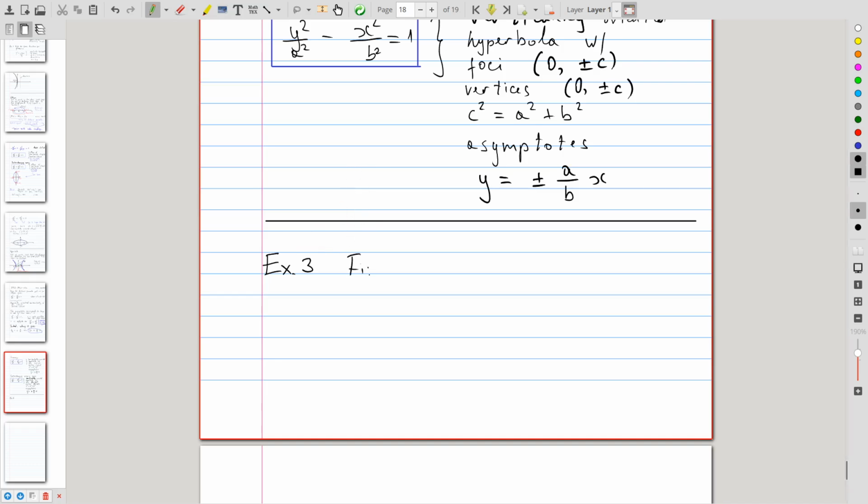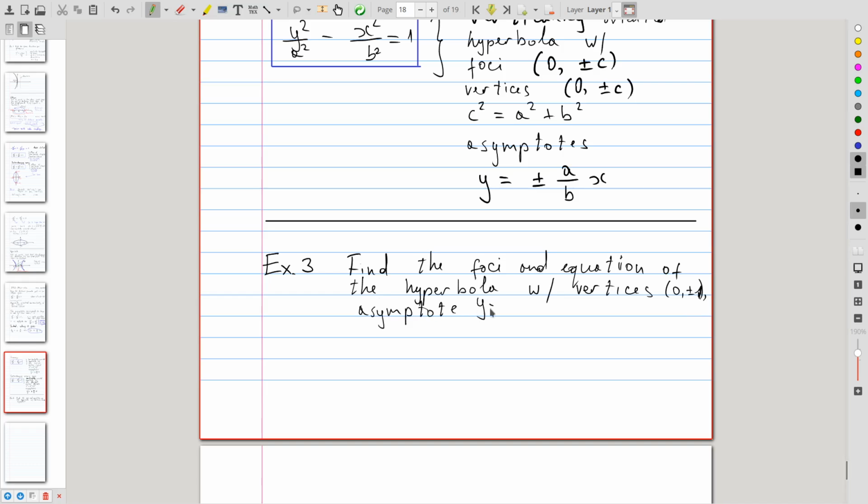So let's find the foci and equation of the hyperbola with vertices 0 plus minus 1 and an asymptote y equals 2x.